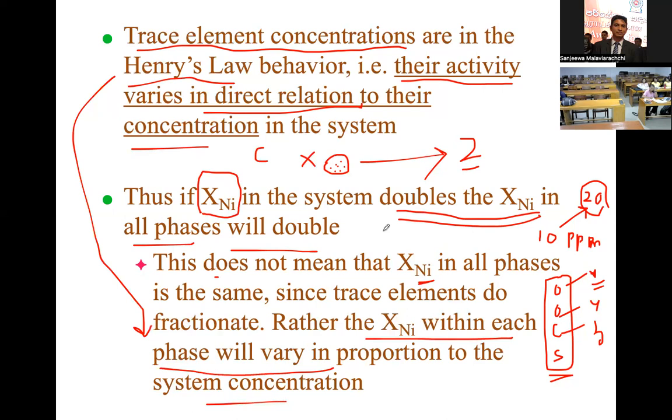You should clearly understand, if it doubled in the system, each phase should double its own amount, that means its respective concentration. It doesn't mean that everything will be equal to 20, 20, 20 in this case, right?